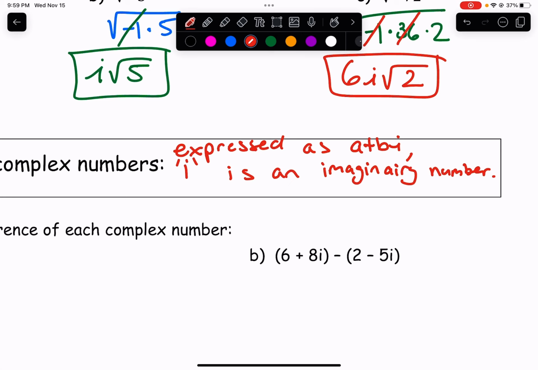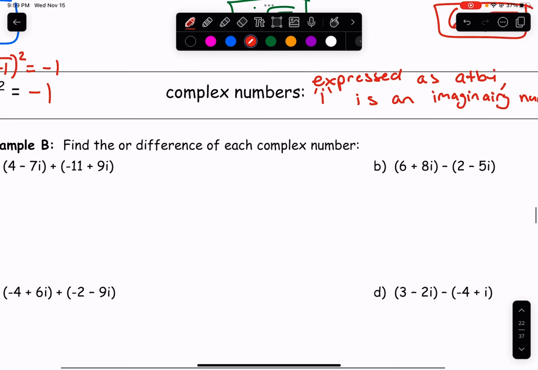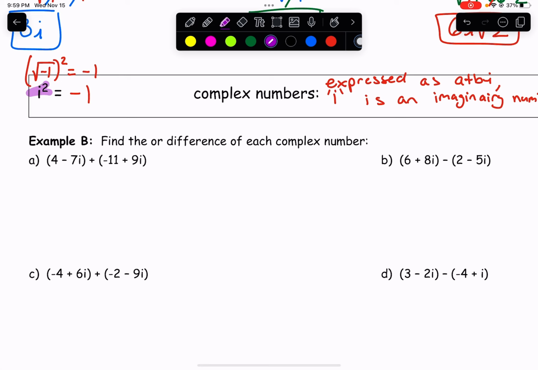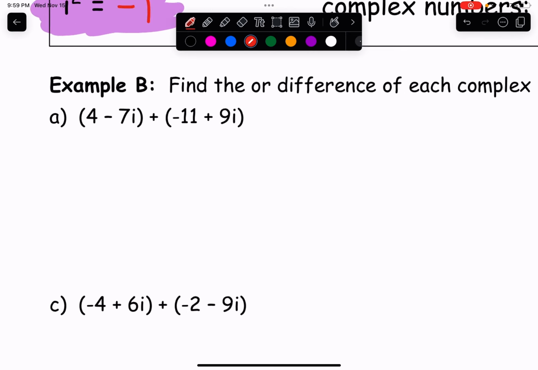All right. So the nice thing about i is you basically just treat it like a variable until it has a power on it. Once there's a power on it, you have to kind of do things with it and simplify it. Essentially, you use this rule that if you have an i squared, it can be replaced with a -1. But beyond that, you just treat i's like variables.